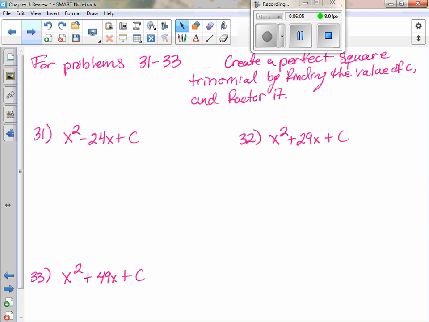31 through 33, find the value of c so that we can make a perfect square trinomial. Well, c is equal to what? b over 2 squared. b over 2 squared. So is there any one of these in particular you want to look at?